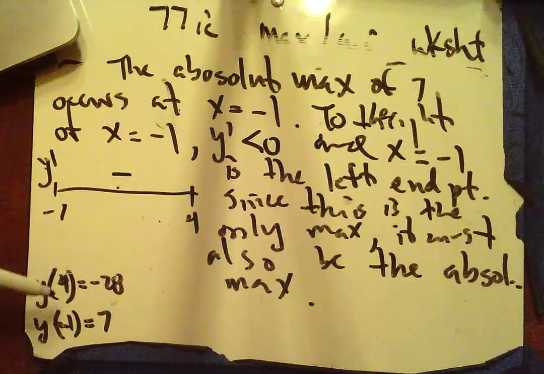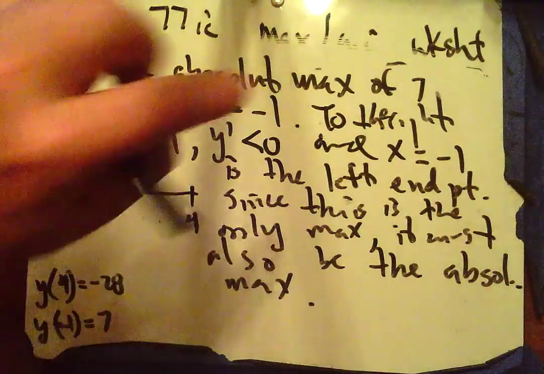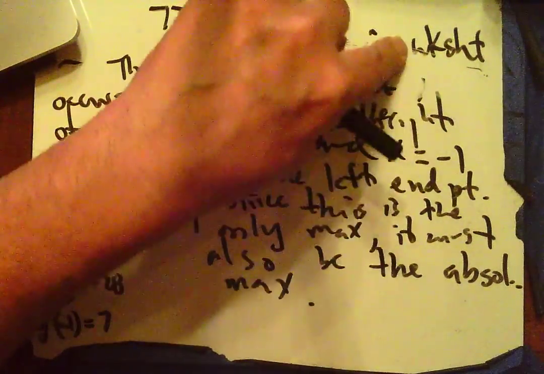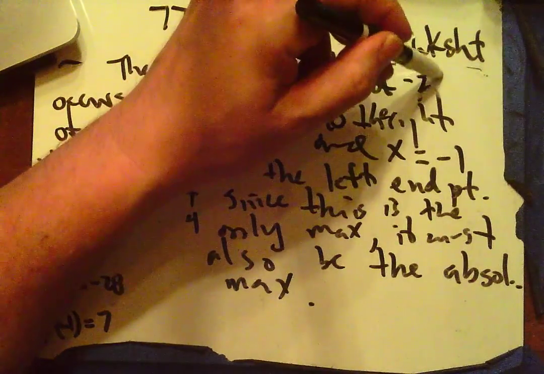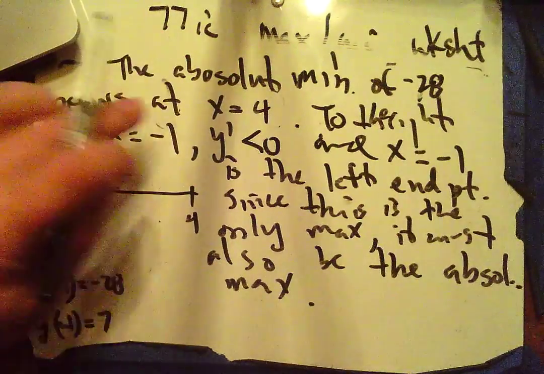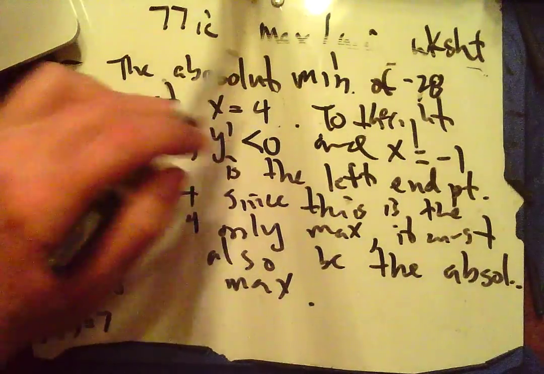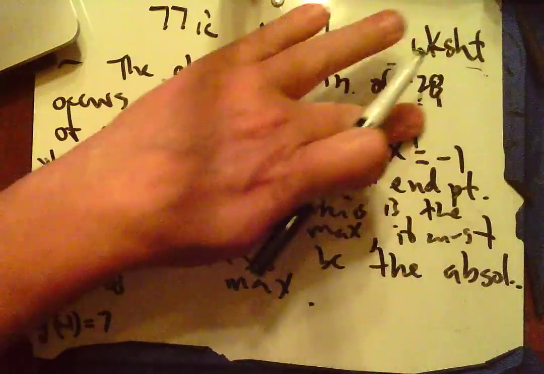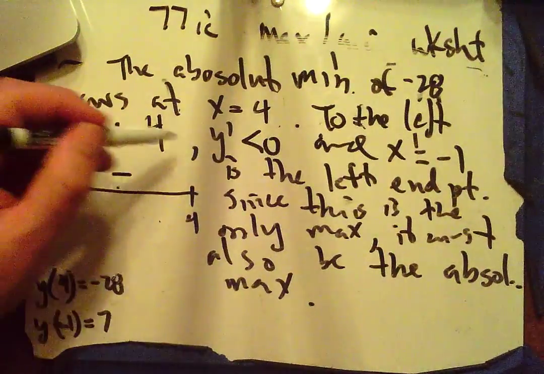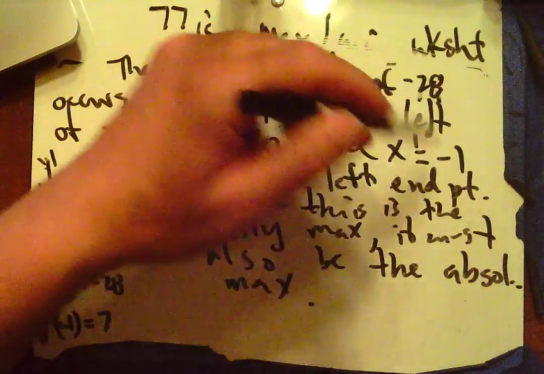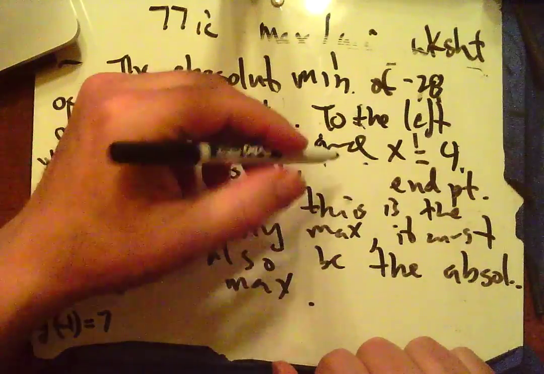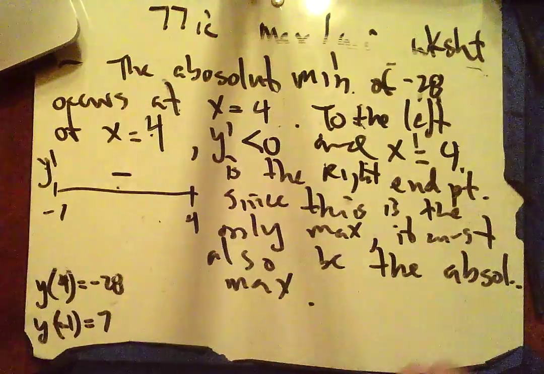As far as the min at 4, we can just change the sentence a little bit. And that's to the left of 4, y prime does, and x equals 4 is the right endpoint.